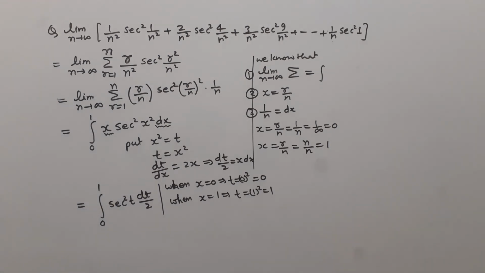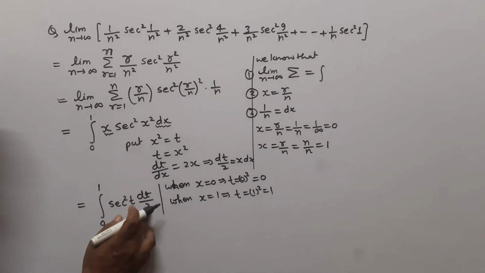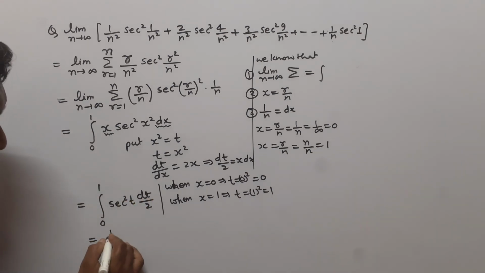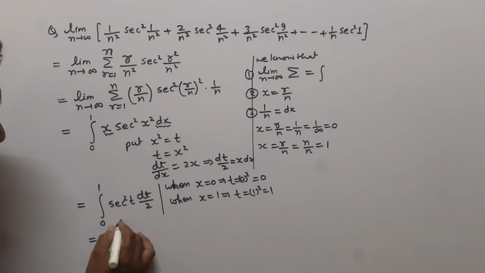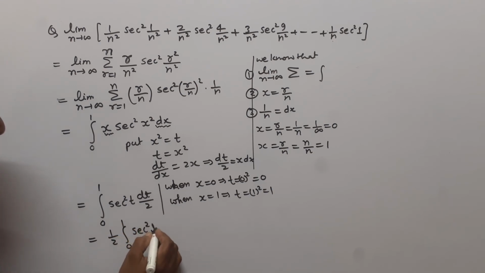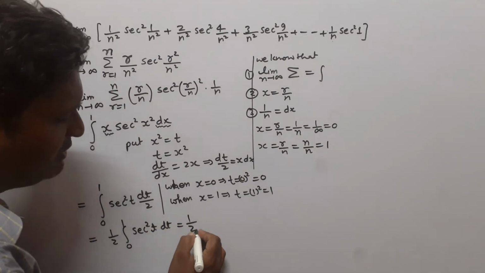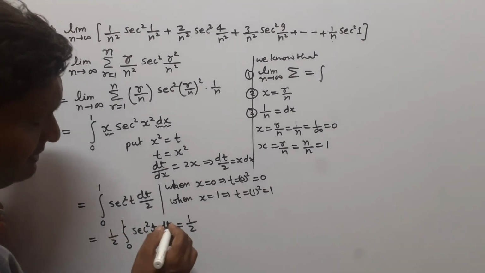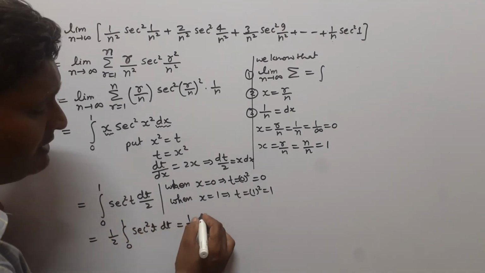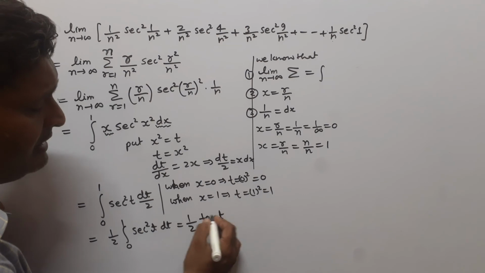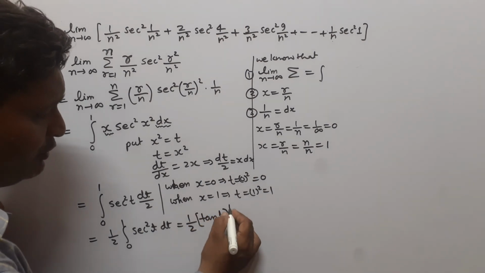Now we integrate sec square t with respect to t, and this 1 upon 2 goes outside the integral sign because it is a constant. We know that the integration of sec square x with respect to x is tan x. So this is tan t between the limits 0 to 1.